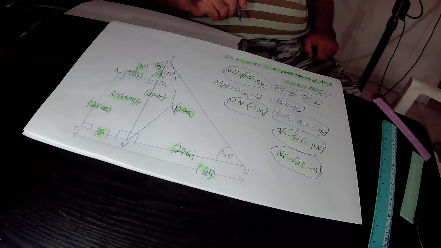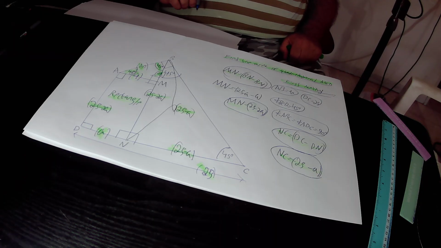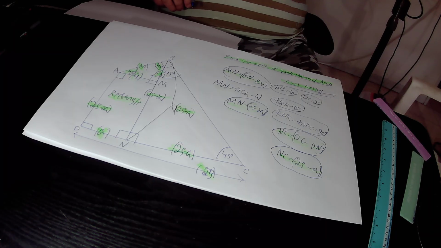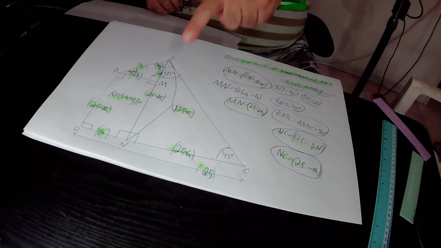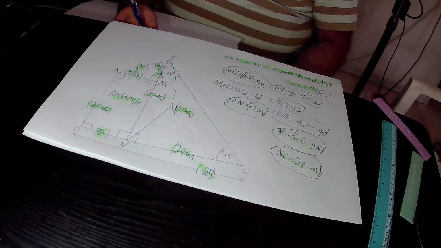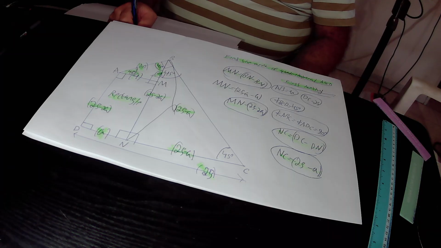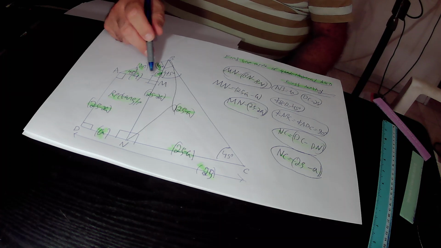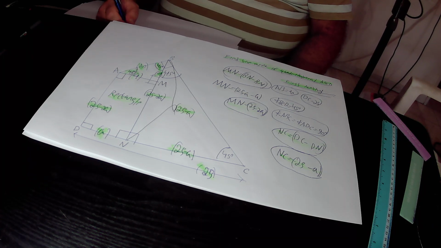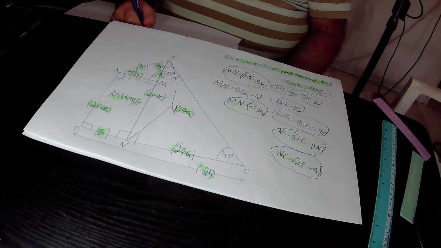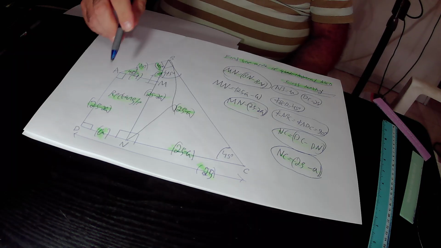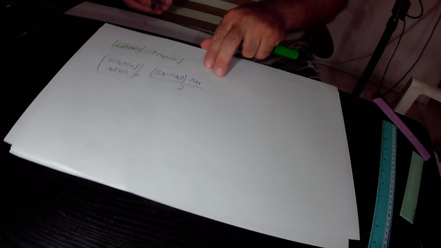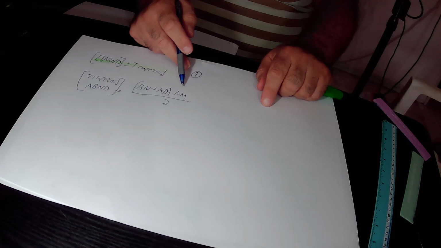According to the formula that I presented to you in the beginning of the lecture, the area of trapezoid ABND must be equal to the sum of its two parallel sides, that is BN plus AD, times the height over 2. The height is AM because it creates 90 degrees with the two parallel sides. So the area of this trapezoid ABND is equal to the sum of its two parallel sides, BN plus AD, times the height AM over 2.